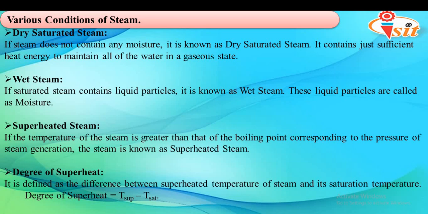If we further add some heat to this dry saturated steam, and as a result the temperature of the steam rises to 150 degrees Celsius, then 150 degrees Celsius is our T superheated, that is the temperature of superheated steam, and the saturation temperature is 100. So we calculate the degree of superheat as 150 minus 100, which is 50 degrees Celsius. This 50 degrees Celsius is called the degree of superheat.